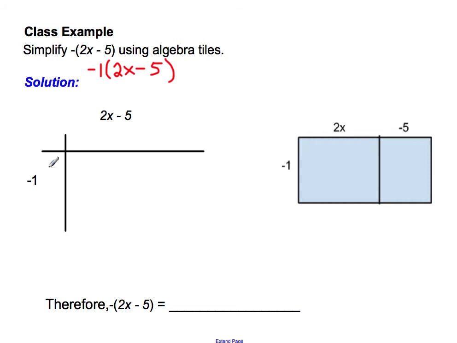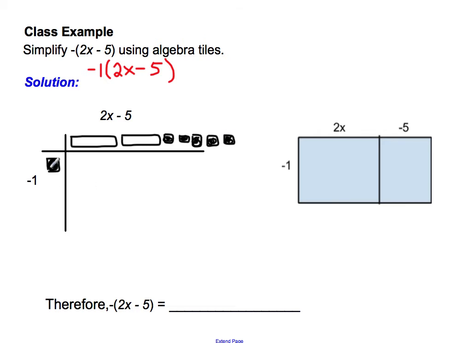So I have -1 on this side, which is a black tile. I have 2 X tiles, and then 5 negative. I'll color them in right away because they are black. Okay, so they're black, so I'm just going to color them in black.